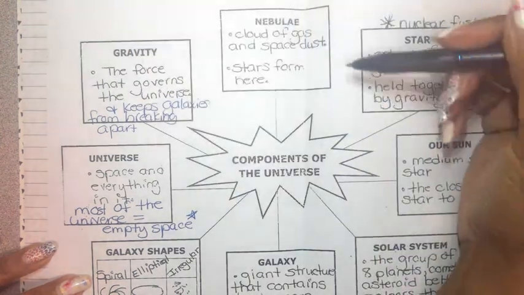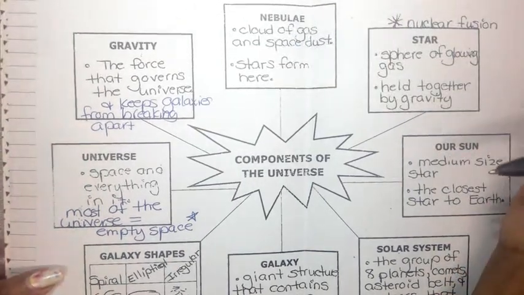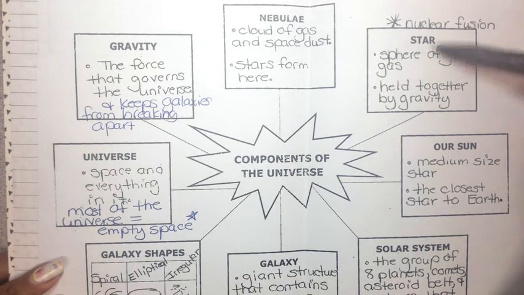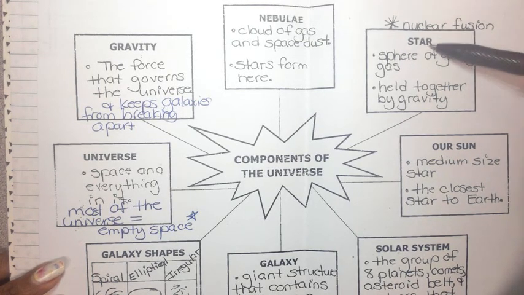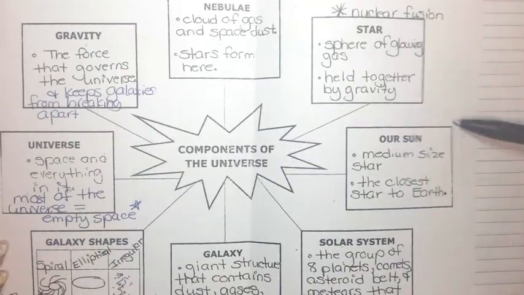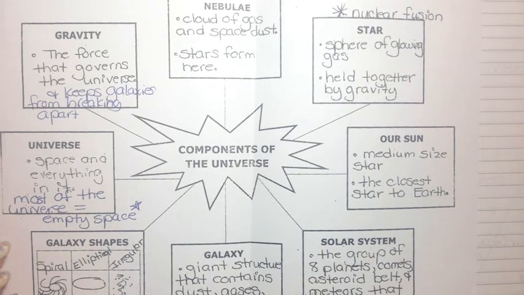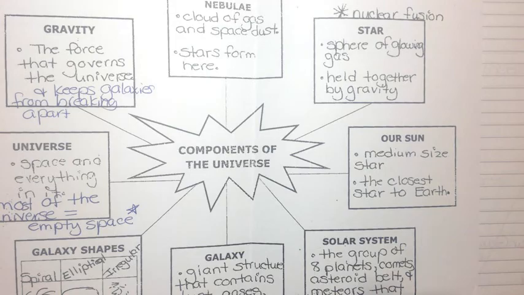A nebula is a cloud of gas and dust where stars form. I'll talk about that when I go over the life cycle of a star. We also talked about nuclear fusion in relation to what a star is, and our sun being a medium-sized star. I will go over those in depth in a moment as well.